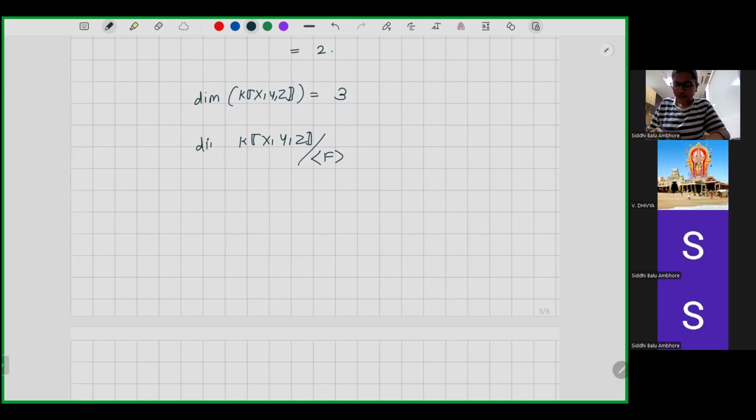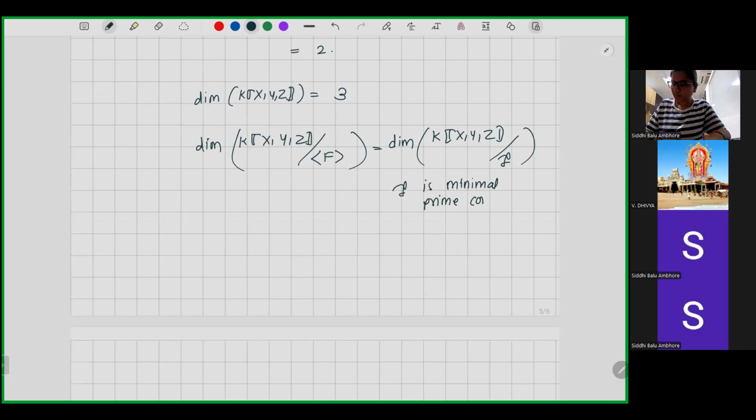The dimension of this ring will be equal to the dimension of k, x, y, z quotiented by some p, where p is a minimal prime containing this f, right?